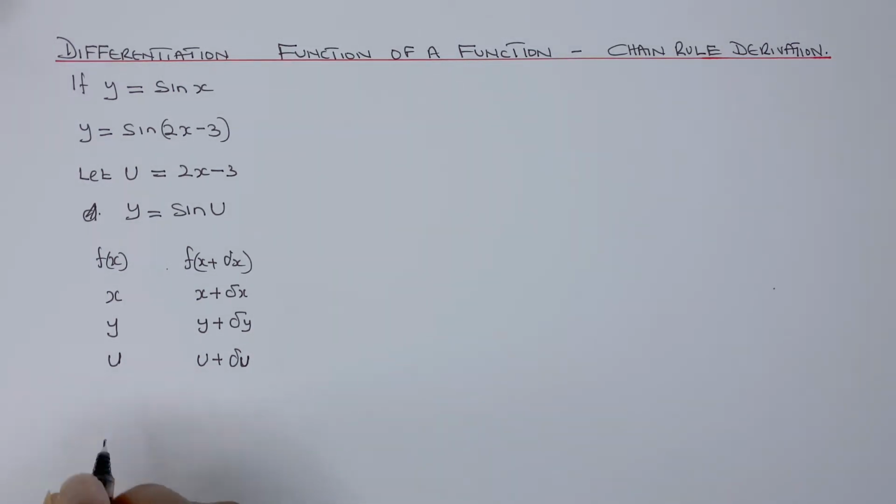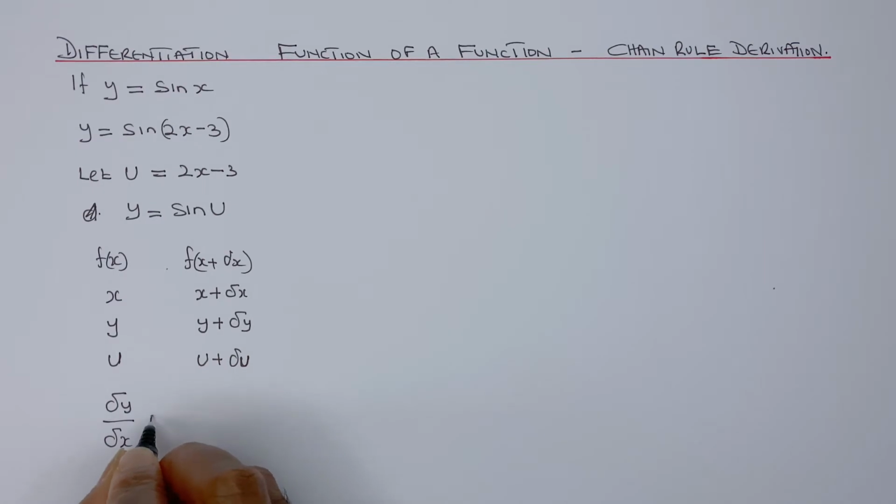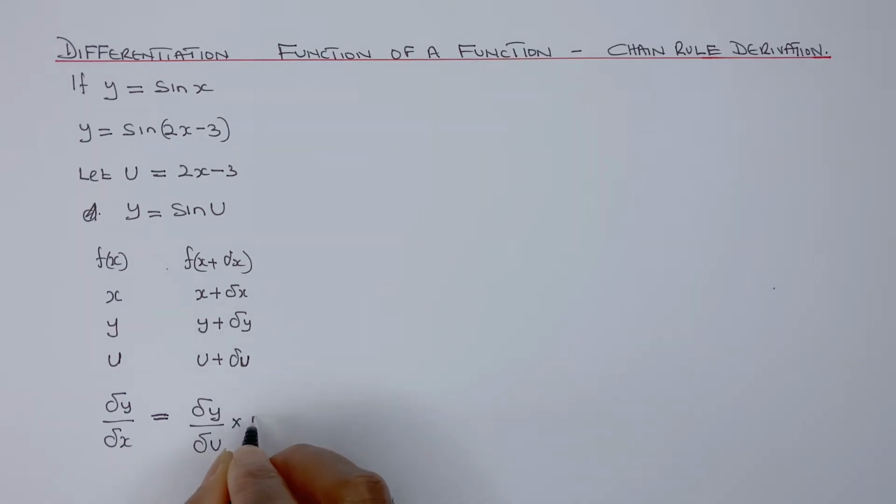For that reason, delta y over delta x for these changes, because we need that, don't we, will be equal to delta y over delta u times delta u over delta x.